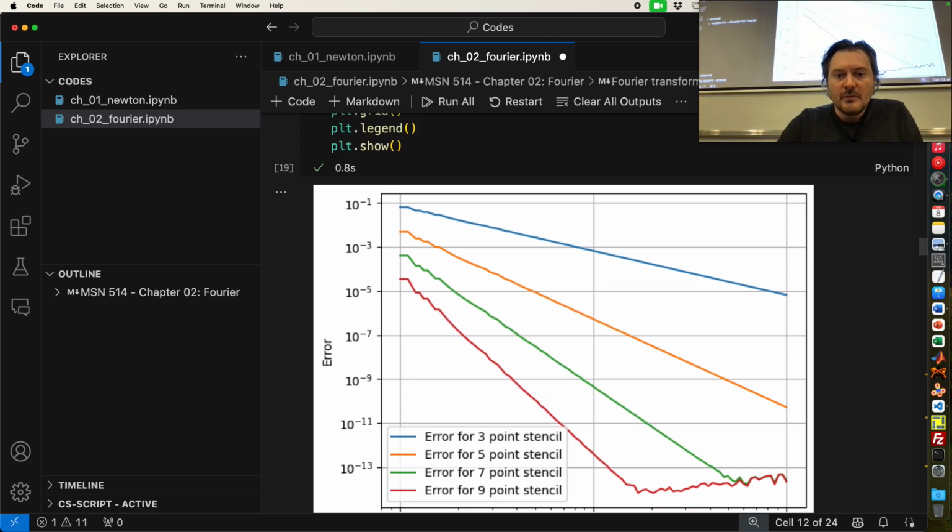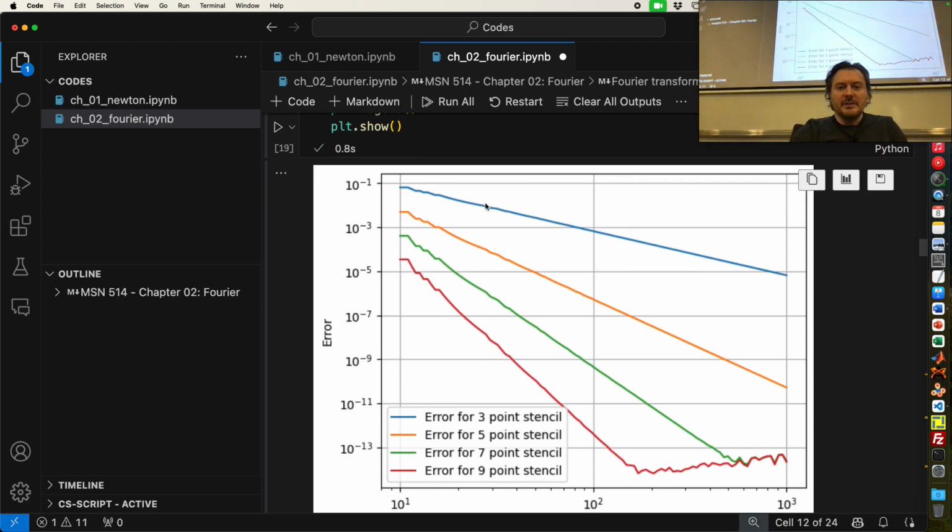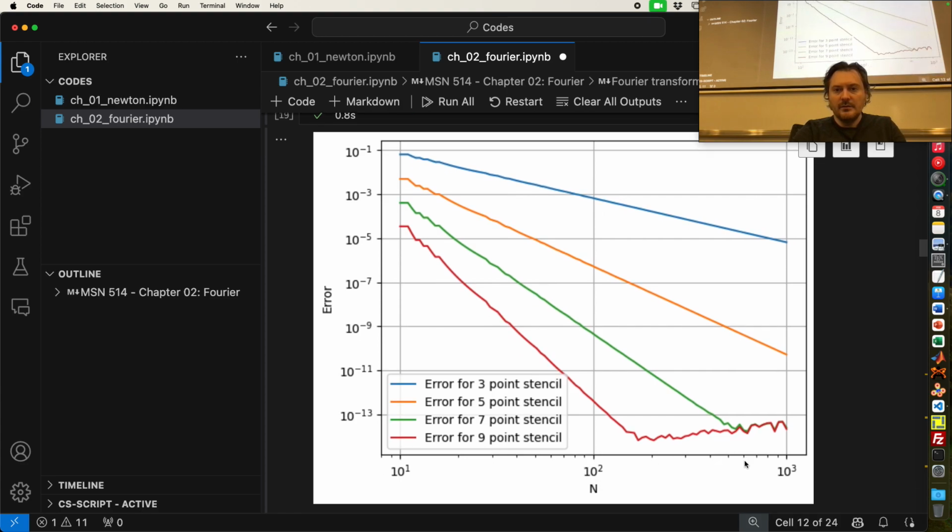Do you see? The error for 3-point stencil goes like this. So this is n. As you increase n, as you make it finer and finer grid, you get better and better precision. But let's say you are using 100 points.